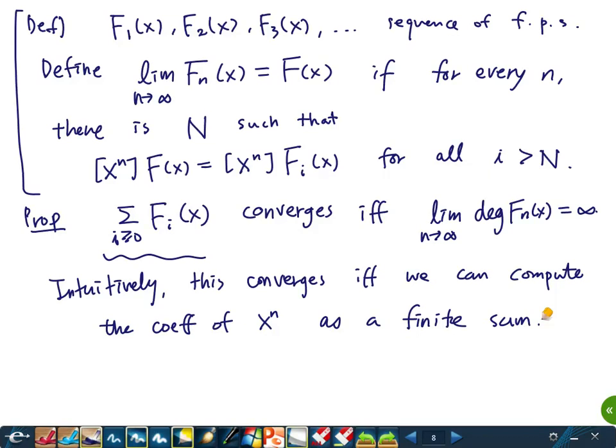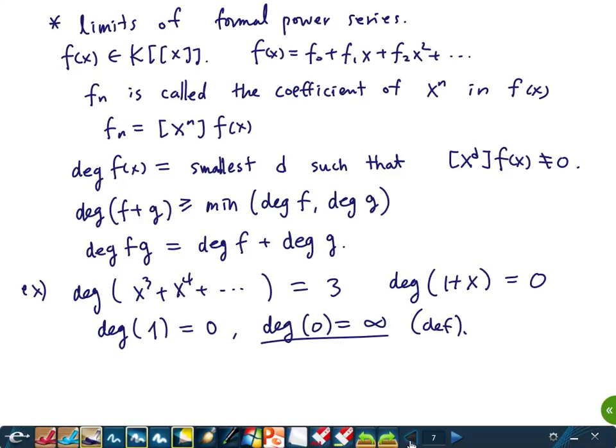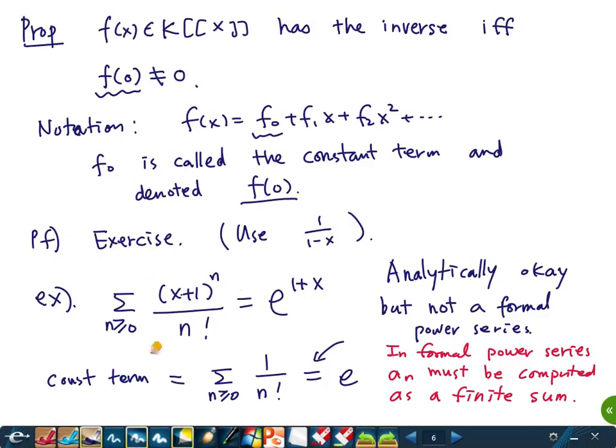So whenever we have an infinite sum or infinite product, we have to check if this is a valid formal power series or not, because sometimes it may not be. For instance, like this. This is not a valid formal power series. It cannot be computed as a finite sum.